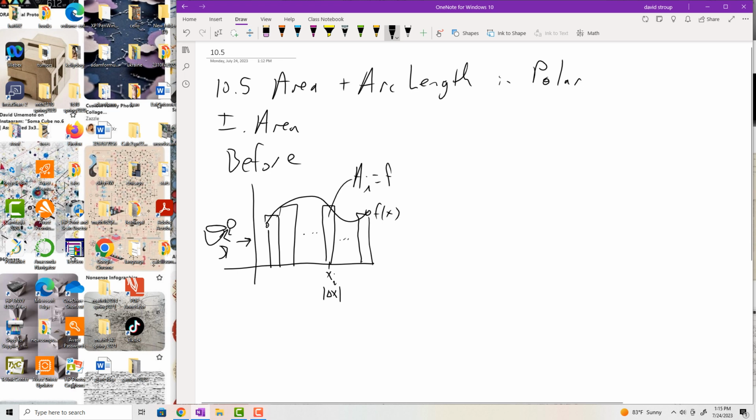The area is going to be the height times the base. So the height would be f of x sub i, and the base would be change in x, right? And then Riemann person runs across, adding up all of those areas. Then we help them out by taking the limit as the number of those rectangles goes to infinity, and then we end up with our integral.